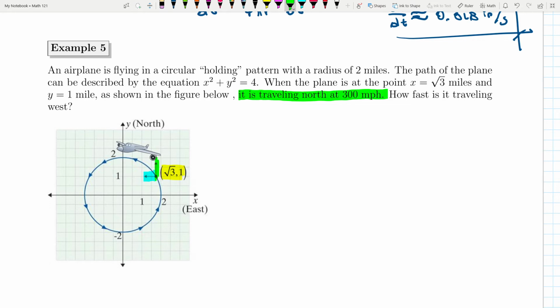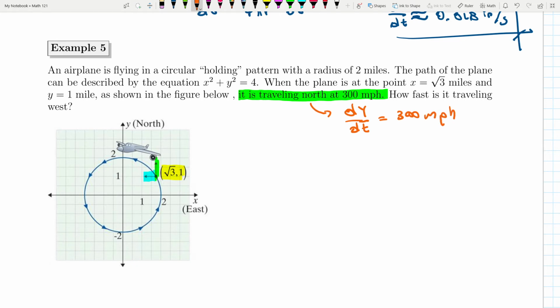In other words, it's going to go on the y component. This gives us dy/dt, the change in the vertical distance, is 300 miles per hour. I'll write it as mph, that's fine.